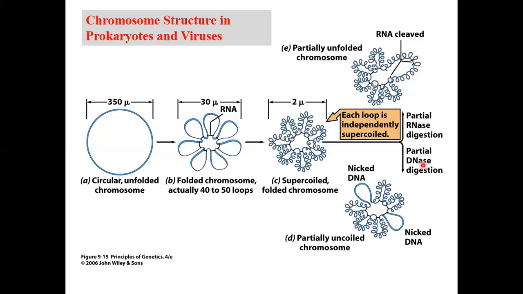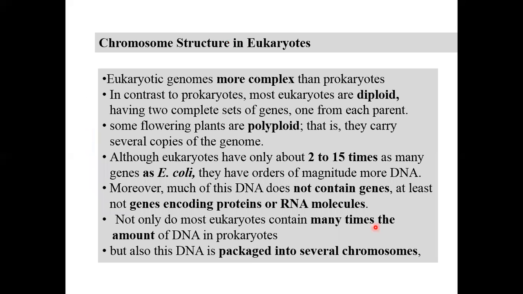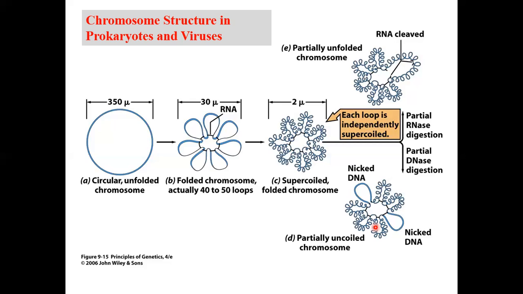And if we treat it with partial DNase digestion, it will partially uncoil the chromosome. So there are two differences: treating with RNase, partial unfolding of the chromosome takes place, while treating with DNase, partial uncoiling of the DNA takes place. This is the overall structure of the prokaryotic chromosomes.